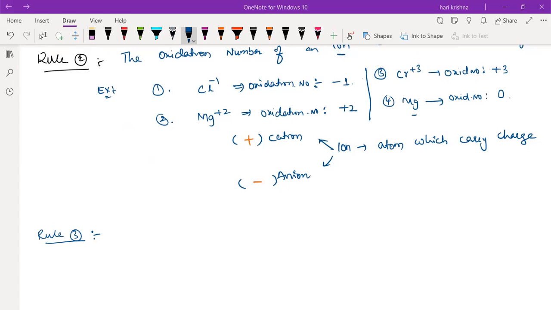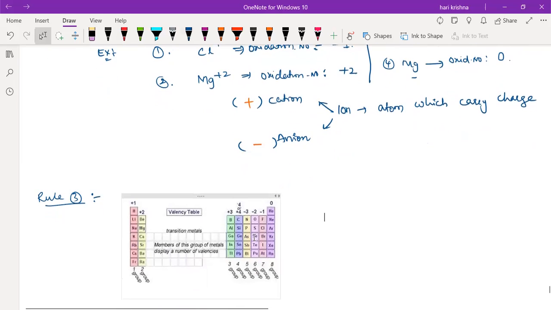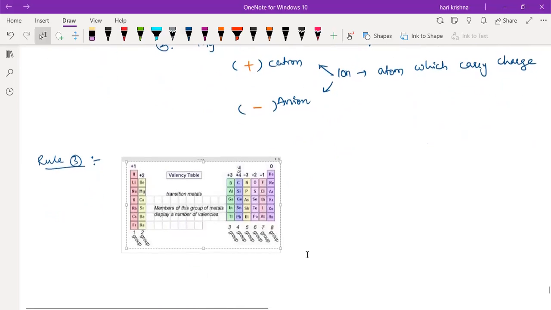So I think no. Sir, can you send the valence chart again, sir? Yeah, sure.